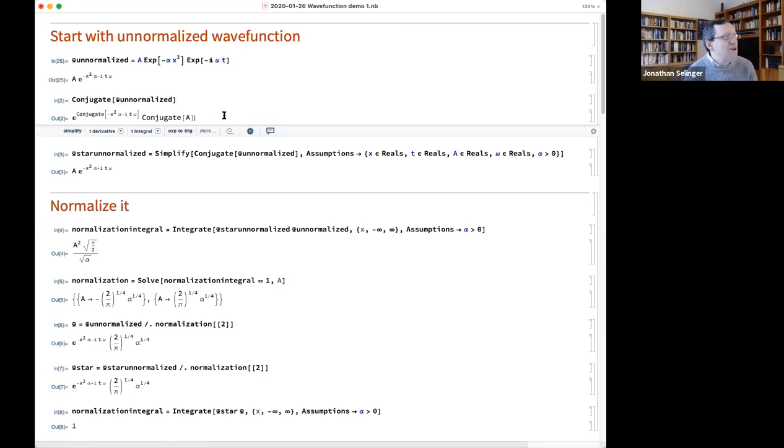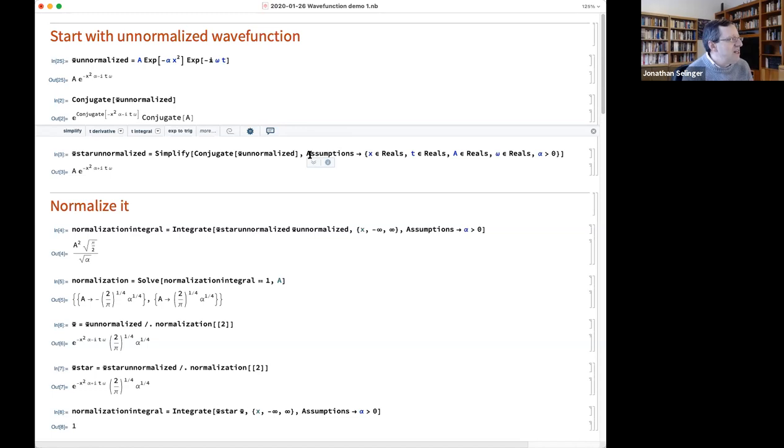That's because Mathematica is being super conservative, and it does not assume that any of the numbers that I typed are real. It thinks any of these things, x or t or anything like that, might be complex numbers. So if I really want Mathematica to simplify that the way that you and I know we want it simplified, I have to make a whole bunch of assumptions.